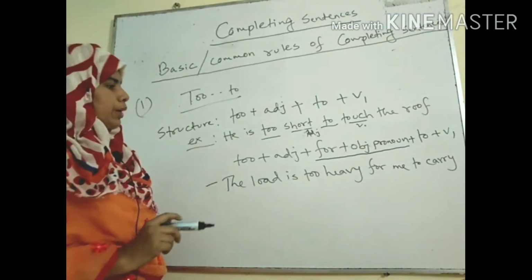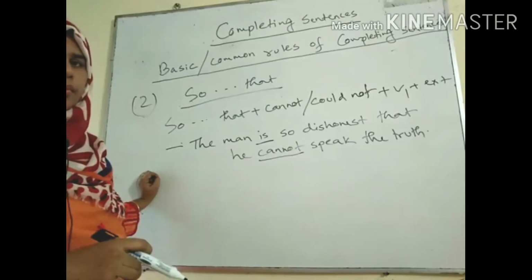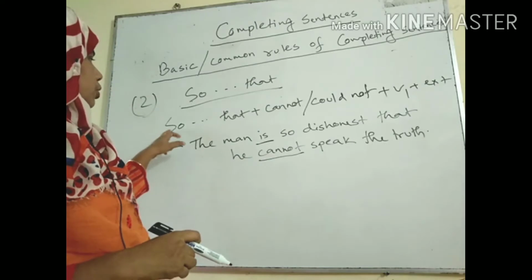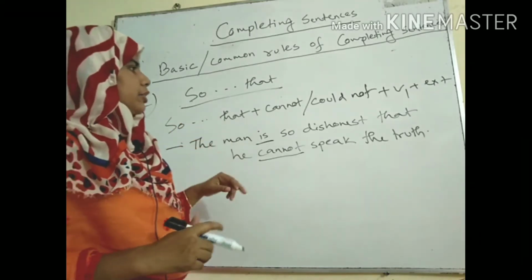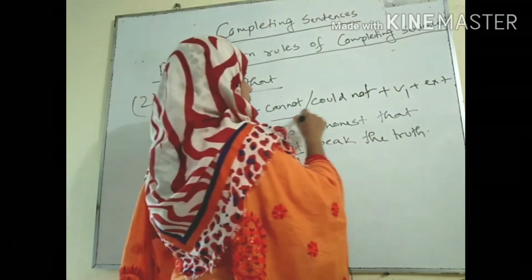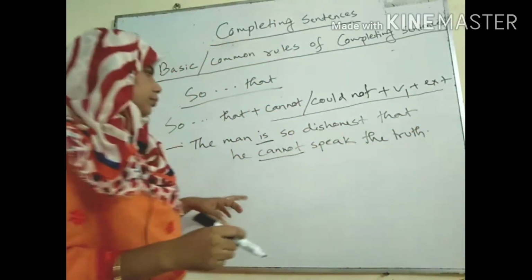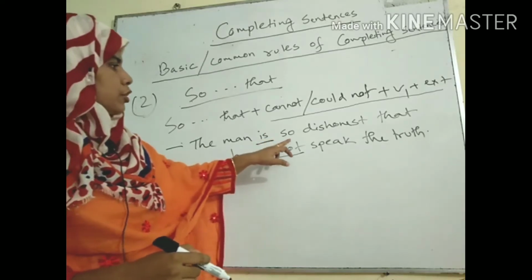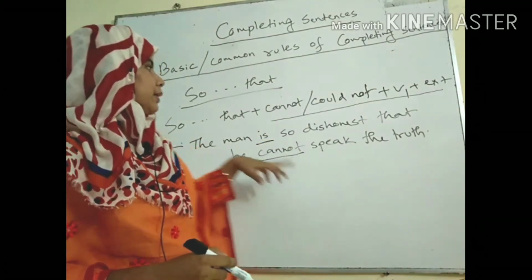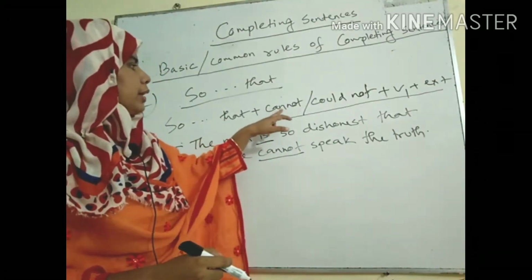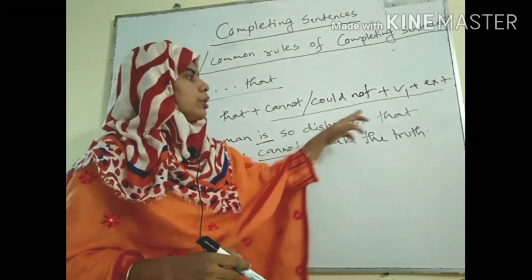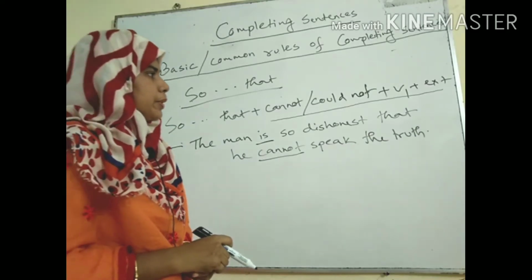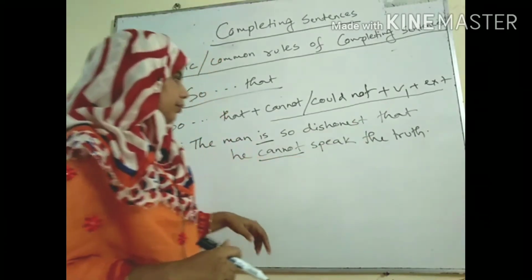This is rule 1. Then rule 2, so...that. After so...that, we will use this structure. Look at the example. The man is so dishonest that he cannot speak the truth. After so...that, we can use cannot or could not plus V1, the present form of a verb, plus extension.